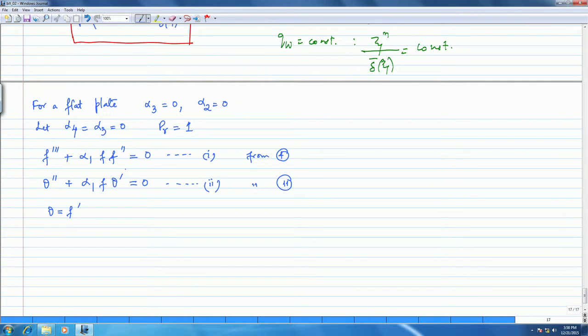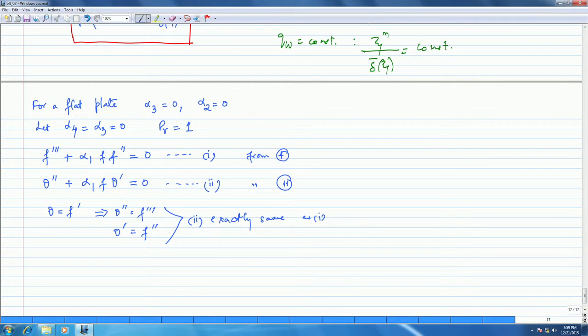So if theta is equal to f dash, think about that. Theta double dash will be f triple dash, and theta dash would be f double dash. In that case, equation 2 will be exactly the same as equation 1.